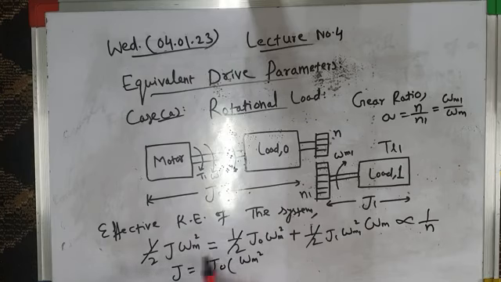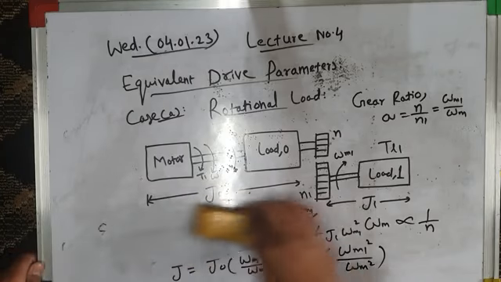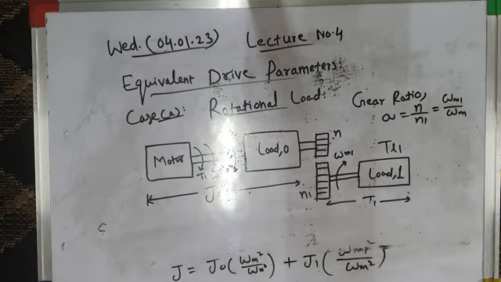What will happen to this omega m square when it is shifted to the right hand side? It will divide. Plus similarly I have J1 into omega m1 square divided by omega m square. Right. So if I further simplify it, this omega m square goes.